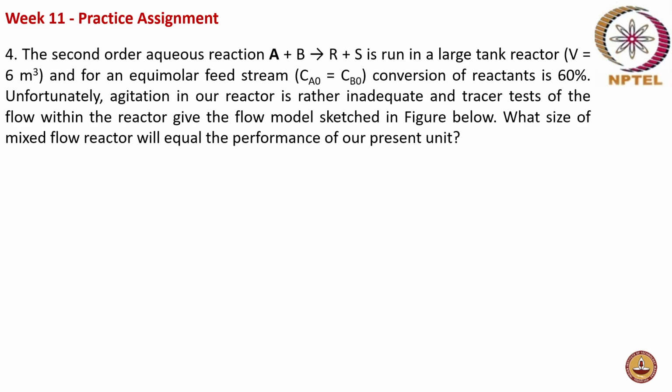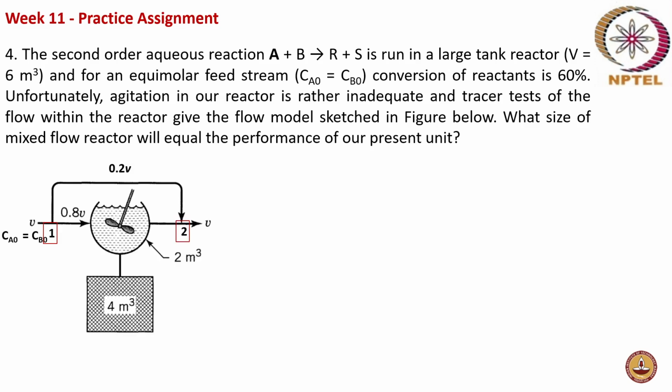For an equimolar feed stream, Ca naught is equal to Cb naught, and the conversion of reactants is 60%. Unfortunately, agitation in our reactor is rather inadequate, and tracer tests of the flow within the reactor give the flow model sketched in the figure below. What size of mixed flow reactor will give equal performance to our present unit?